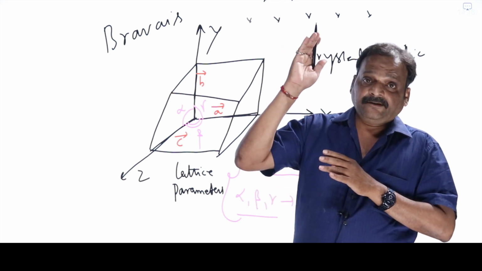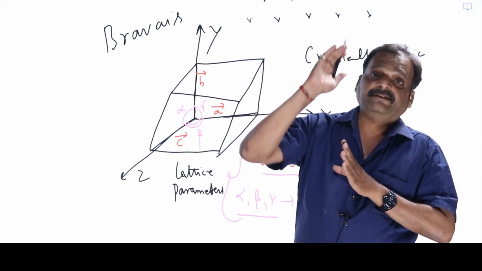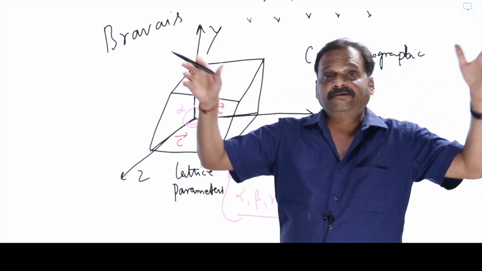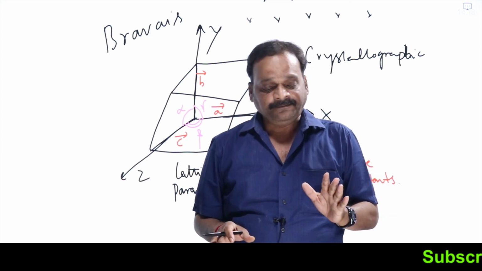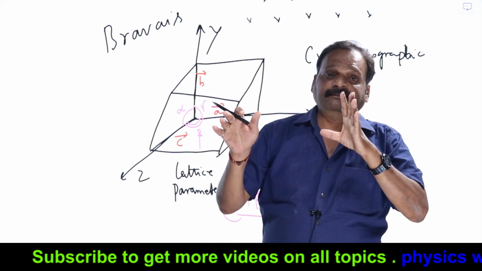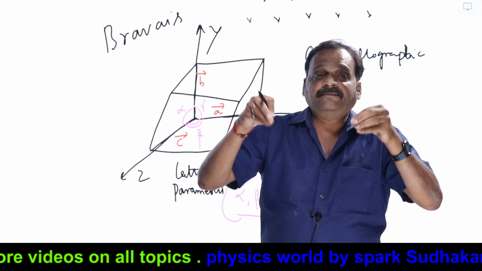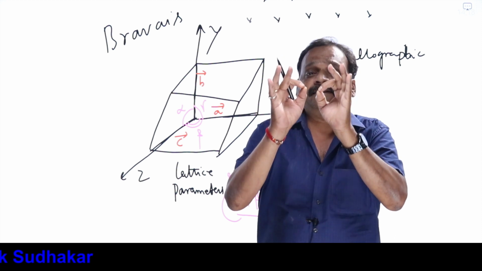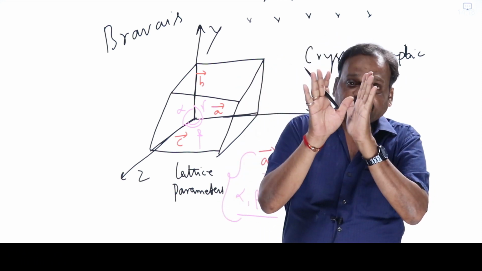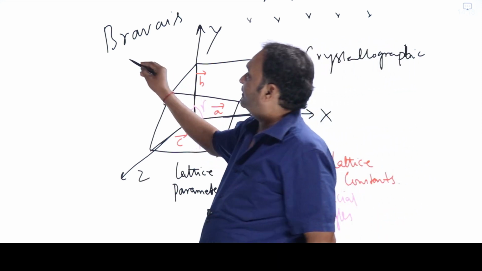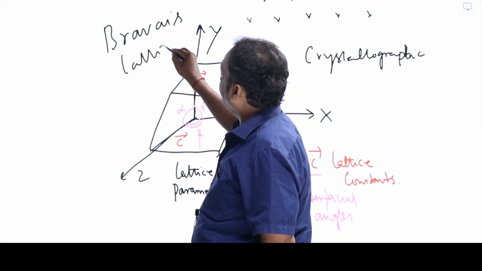Atoms are 10 to the power 20, billions and billions of atoms will be there. But in how many ways can they be arranged? Lakhs of crystals are also there. But in lakhs of crystals and billions of atoms, how many ways can atoms be arranged in three-dimensional space? Bravais has proved that there are only 14 types. Only 14 different types of arrangements are possible in three-dimensional nature. They are called Bravais lattices.